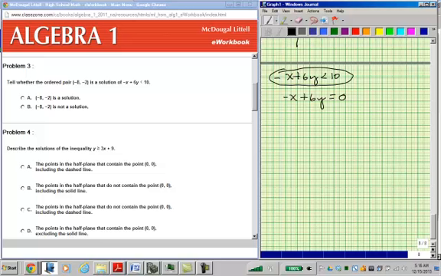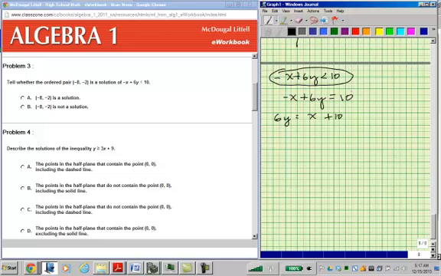So we're going to turn this into slope-intercept form as if it were an equation, just for the sake of graphing it. First thing, we'll add x to both sides, so we get 6y equals x plus 10.